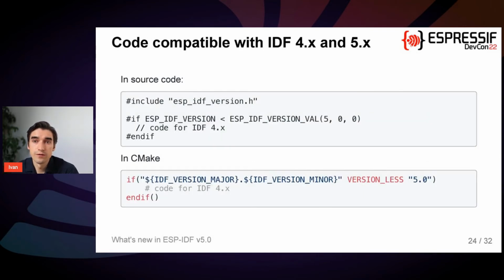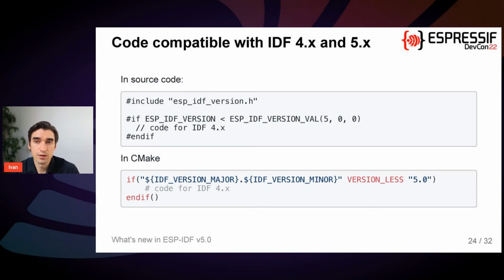So in general, if you have some code base that you still want to be able to compile for IDF 4, or if you are developing a component for other users and you want users to be able to use this component both with IDF 4 and IDF 5, then there is a tip how you can do this. ESP-IDF provides version macros, for example, ESP_IDF_VERSION and ESP_IDF_VERSION_VAL.